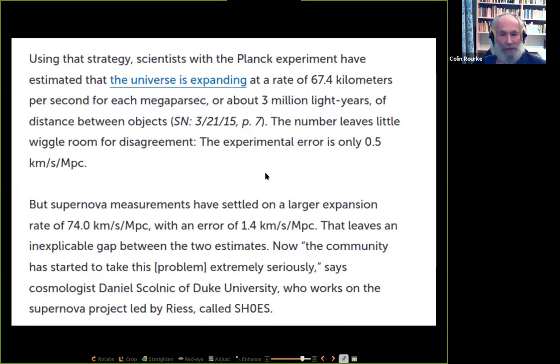But there's these wonderful supernova measurements measuring redshift from the light that's coming to us. And they settled on a larger expansion rate of 74.0. And again, they're so good now that they've got very, very small experimental error. So now look at it.